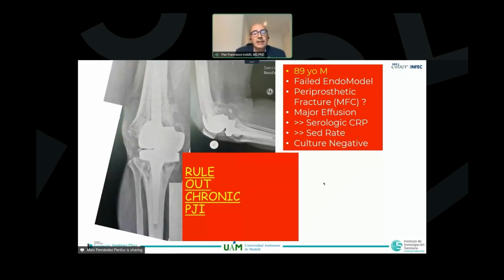This is an 89 year old male. He had a failed endomodel, so this is really an orthopedic arthroplasty disaster. Looking at the X-ray, he might have had a periprosthetic fracture of the medial femoral condyle. He had a major effusion. The serologic markers were elevated. It was culture negative.